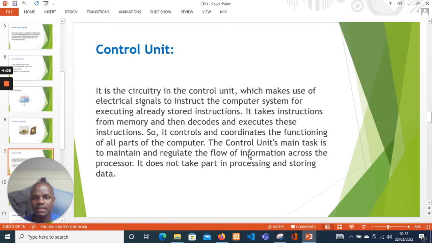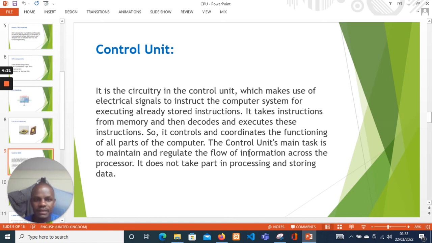The first one is the control unit, the CU. It is the circuitry in the control unit which makes use of electrical signals to instruct the computer system for executing already stored instructions. It takes instructions from memory and then decodes and executes these instructions.